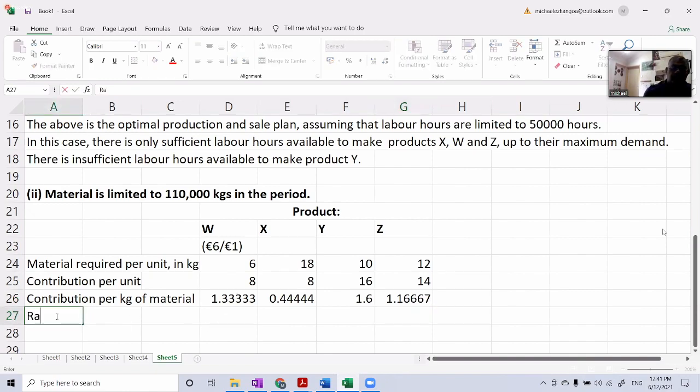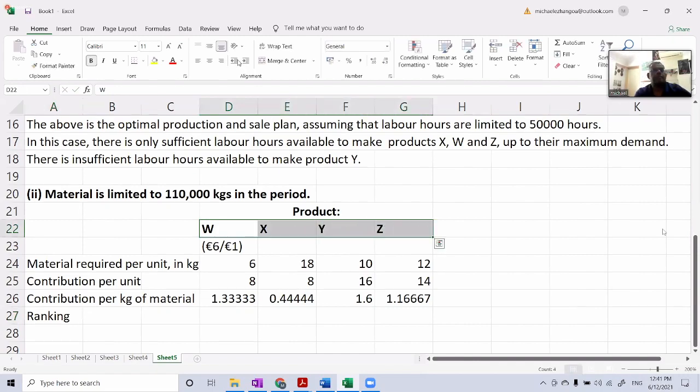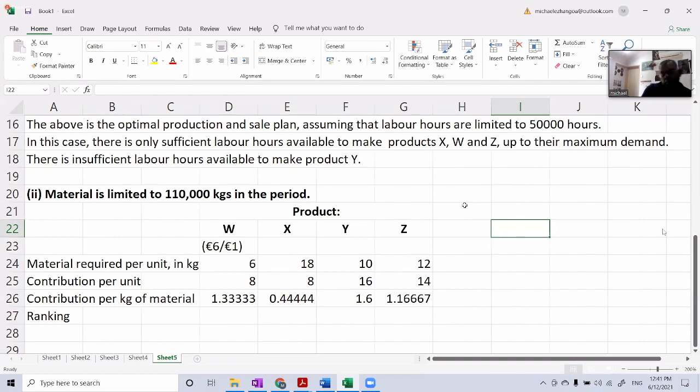So we have ranking. Can you follow that? All right. Yeah, we take contribution per unit divided by the material required in kg, we get that value, yeah? Now, highest rank is that, isn't it? Second, no, sorry.